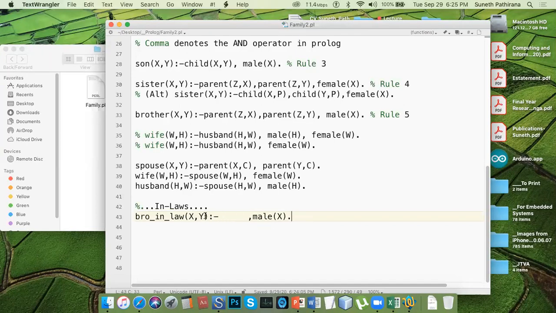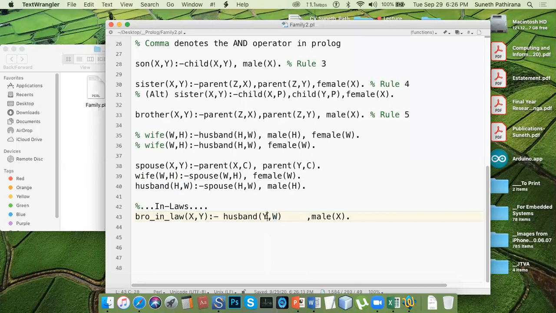So already there are two people, X and Y. This Y can be either a male person or female person. So if this Y is the husband of the married couple, for an example, say Y is the husband of some person, W. Then what is the relationship between this W and X?